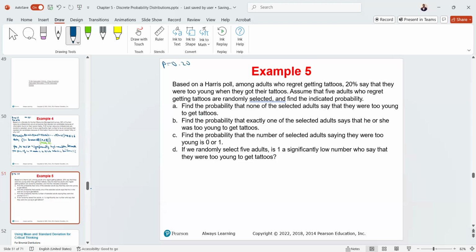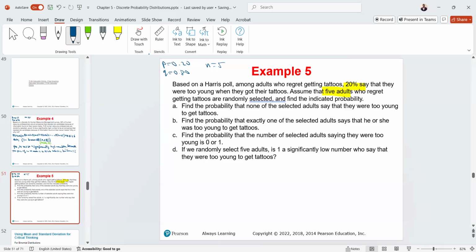If you know success, then you can find failure, because 1 minus this gives you failure. The next step is to identify n. Assume that 5 adults who regret getting tattoos are randomly selected. So we know n is only 5, which is great, and find the indicated probabilities.